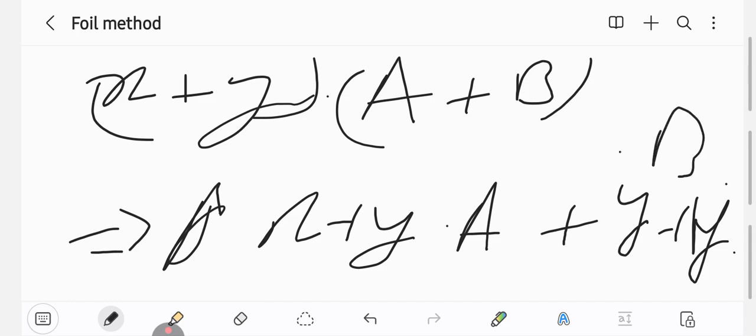Why this? Because the whole expression literally means first add x plus y, then multiply with a plus b. This means the whole expression x plus y is getting multiplied with a plus b. As you cannot add a plus b, but we can add x plus y. Now x plus y is still x plus y, because they're blind numbers or variables.